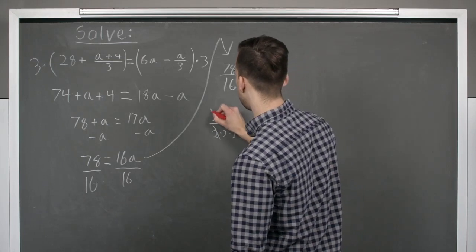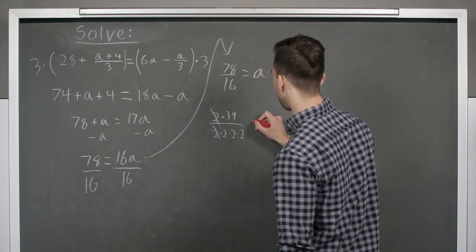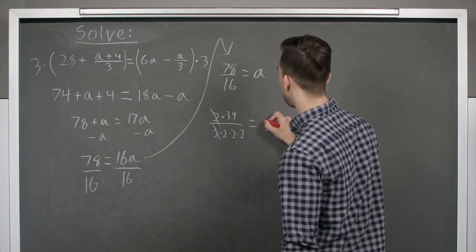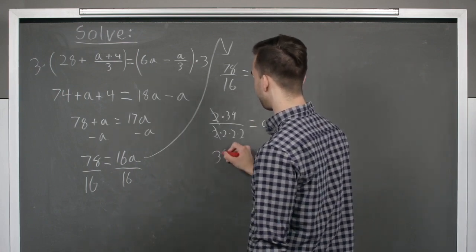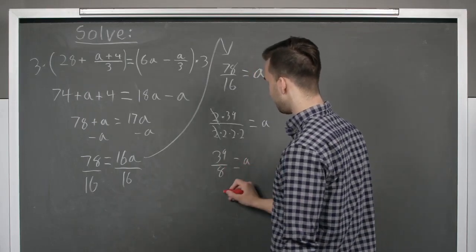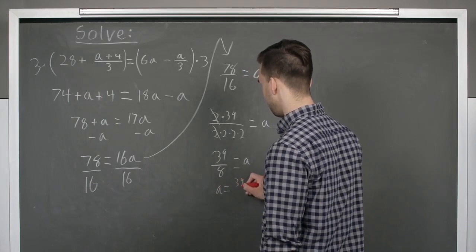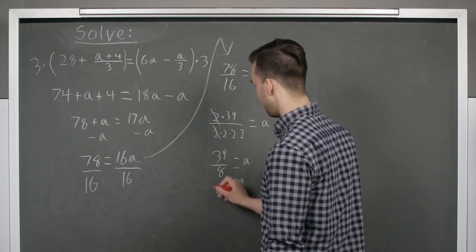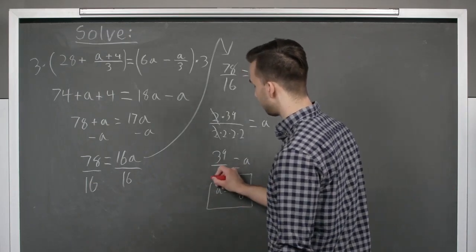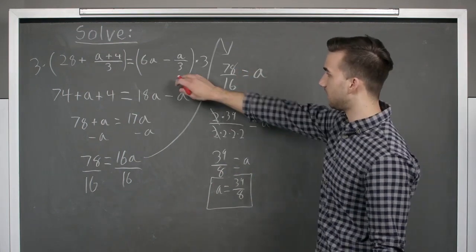So we can just get rid of the 2, and we have 39 over 8. Is our a. So a is equal to 39 over 8. And that gives us our solution for a. And that's the solution for the equation.